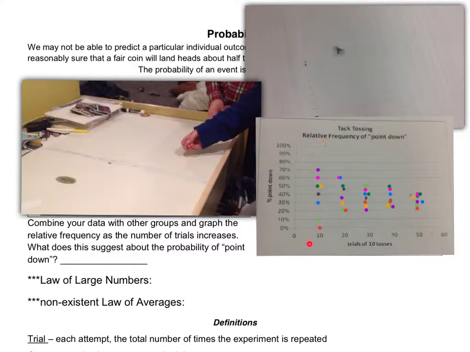Notice on the first 10 tosses, there's all sorts of different probabilities ranging from 0 point side down to 7 point side down. But if we continue to accumulate our groups of 10, we're ending up more around this kind of mid 30 to 40 area for the probability that the tack will land point side down.